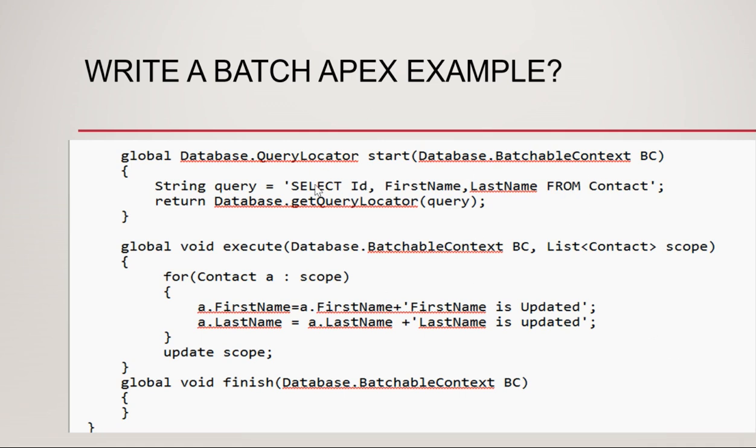The start method does the query and returns it as a Database.QueryLocator. After the start, the execute method receives this data via this list. The list takes the object type of whatever query you pass to the QueryLocator. Then finally you have the finish method.